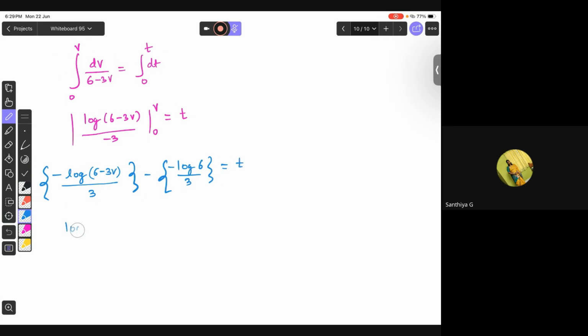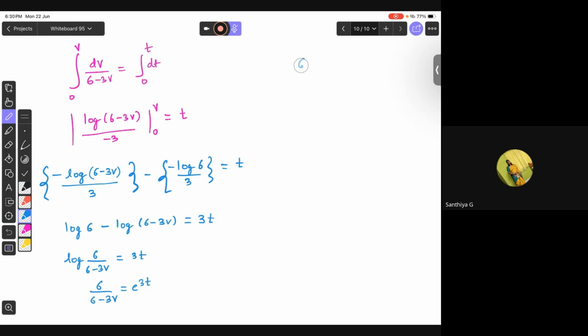So it becomes log 6 minus log of 6 minus 3v. 3 I have thrown to that side, equals 3t. So log of 6 by 6 minus 3v is equal to 3t. So we have log base e, no? So we get 6 by 6 minus 3v equals e power 3t.